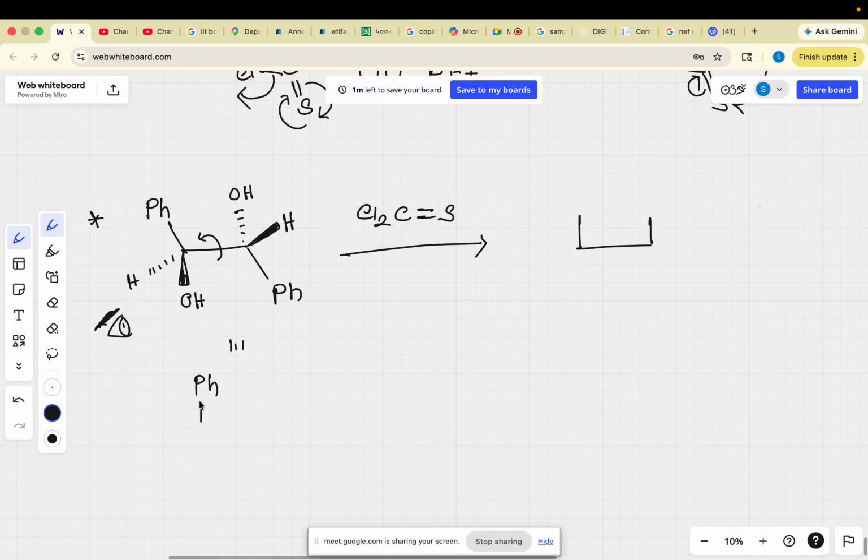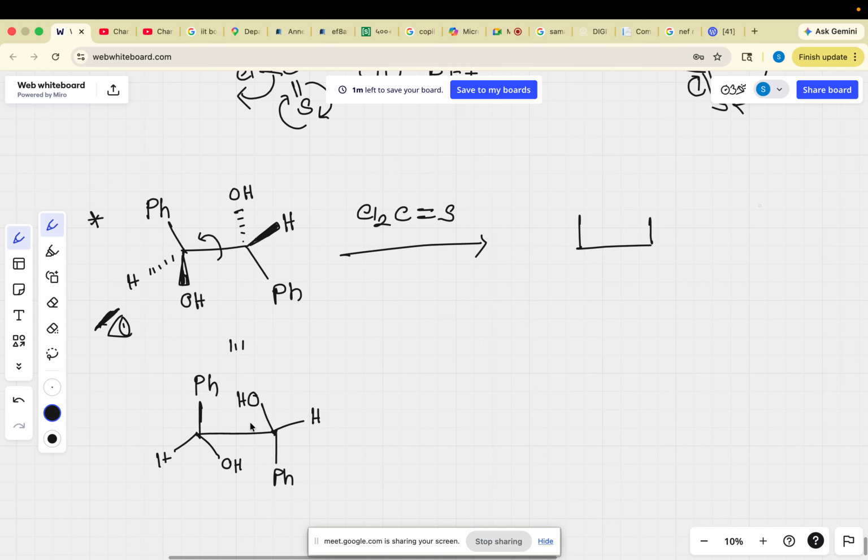This is the skeleton. Now see, OH is above the plane, so that means what? OH will be on the right hand side or left hand side? Right hand side. Hydrogen will be on the left hand side, and on this carbon, hydrogen will be on the right hand side, OH will be on the left hand side.